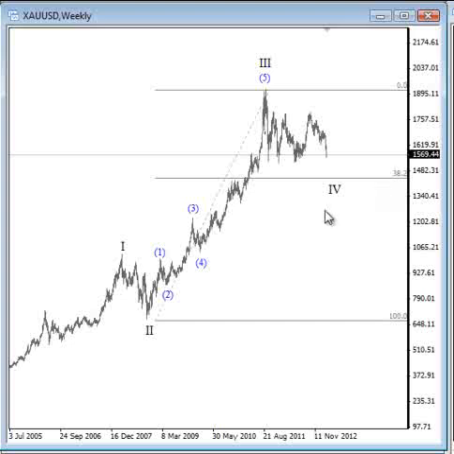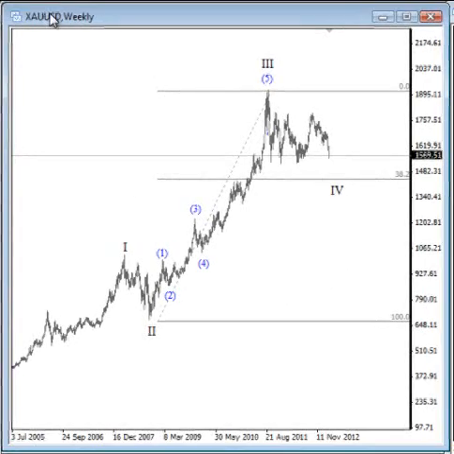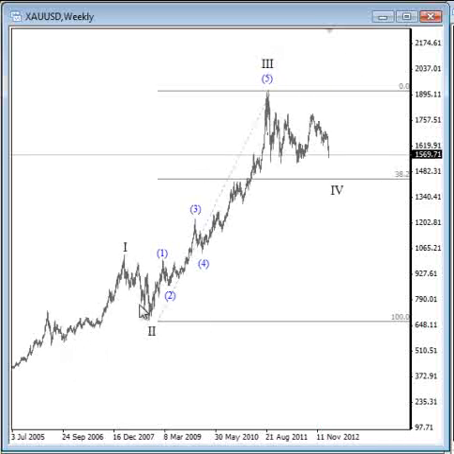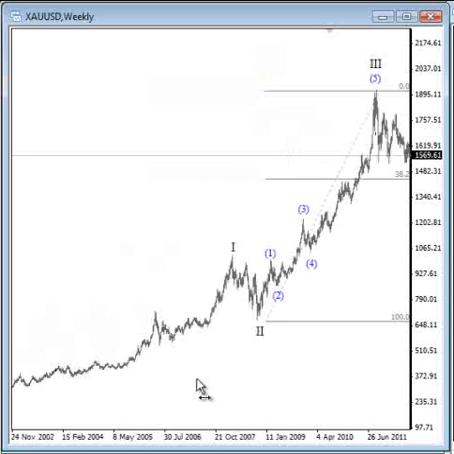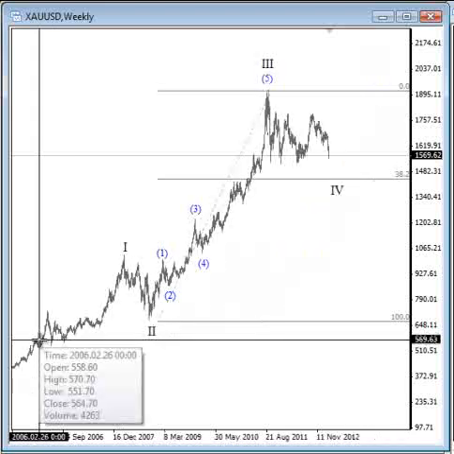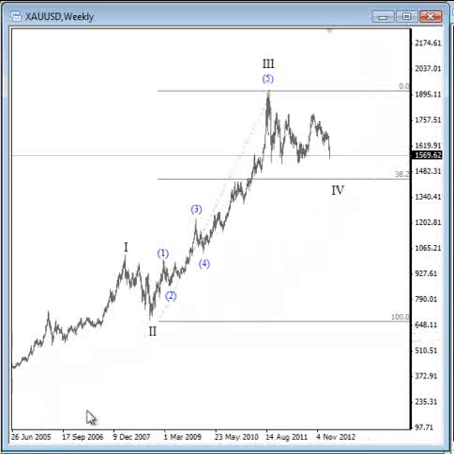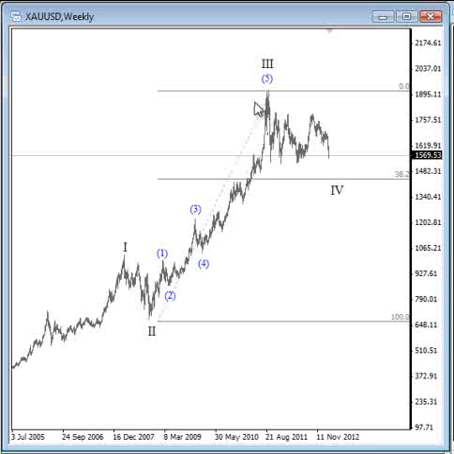On the gold weekly chart, I will present you only the wave count of the weekly chart today. Firstly, here is an incomplete impulse from 2000 or so, and this was an extended wave 3, a very typical extended fifth in wave 3, which is very common in commodities.